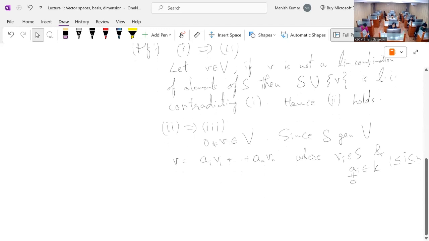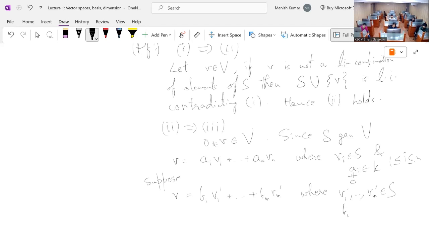And suppose you have another description. So now for uniqueness, suppose v is also b1 v1 prime plus ... plus bm vm prime, where v1 prime to vm prime are in S. So possibly different elements of S, yeah?